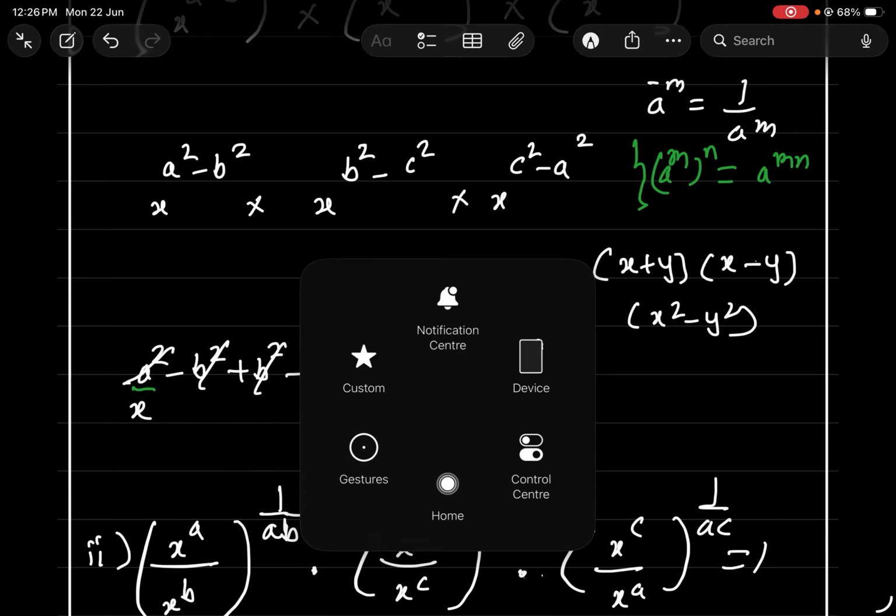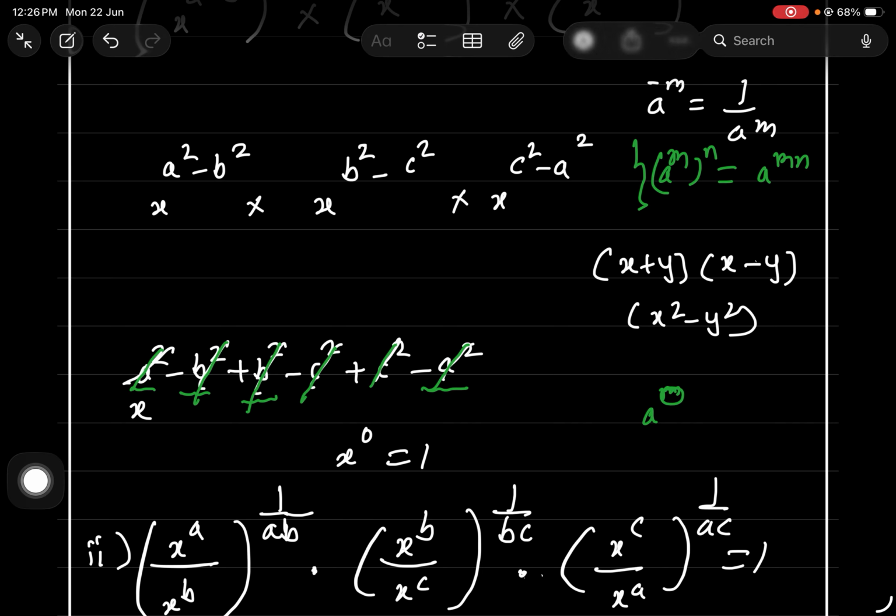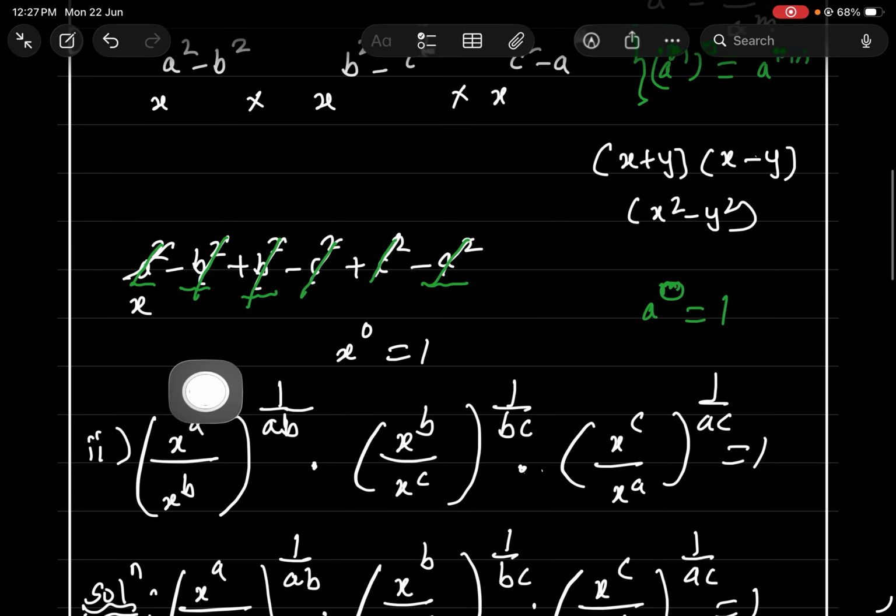You know that a^0 = 1, this law we are using, so x^0 = 1. Very simple. It looks very big, but we have to do only one step: since the base is the same and it is a division, we subtract.